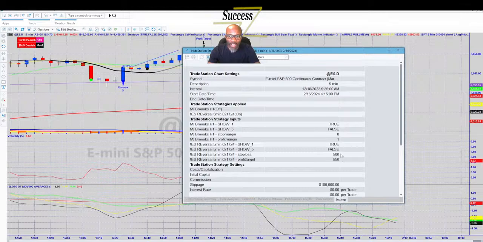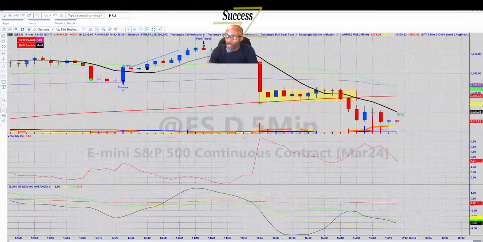So it went with 500 and 550? So 500 for the stop loss, $500, 500 for the take profit. So it's a 1-to-1 risk to reward, but it's hitting 100% of the time.